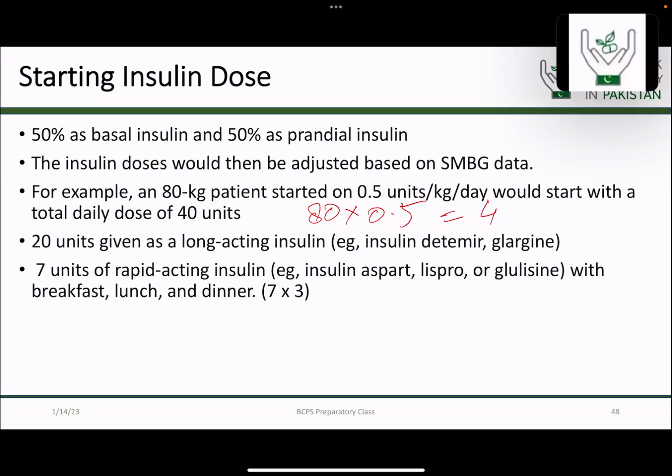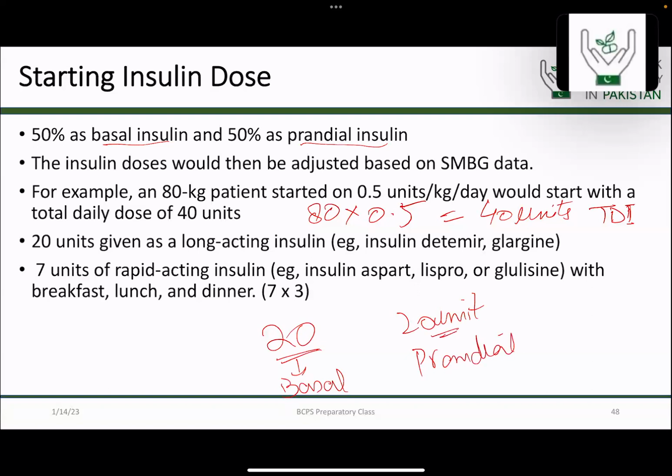So 40 units is the total daily insulin requirement. We want to give 50% as basal and 50% as prandial. So 50% is 20: 20 would go as basal and 20 units would go as prandial.